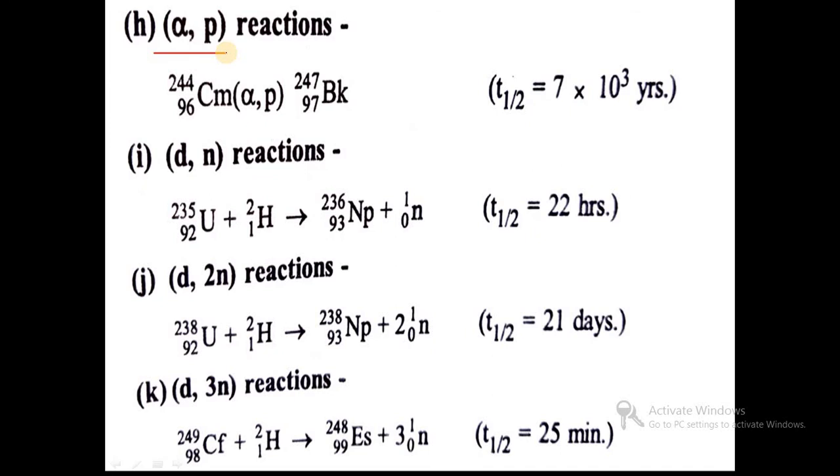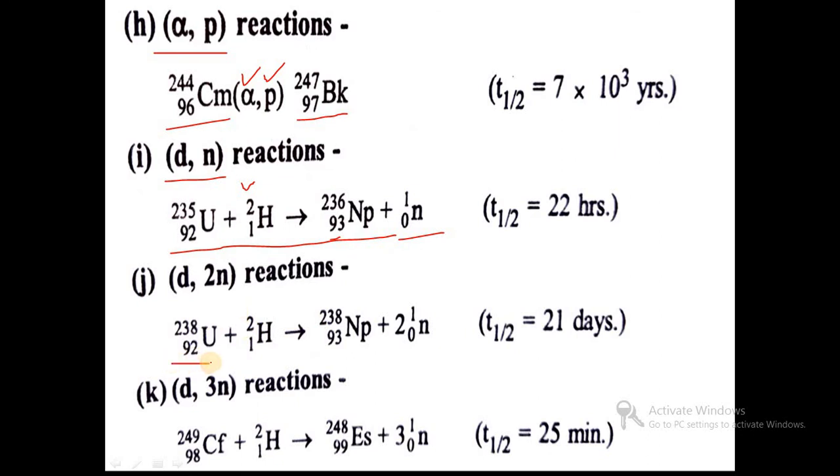Then alpha-p reactions: the bombarded particles are alpha particles and the ejectile is a proton. So here curium 96-244 is converted into berkelium 97-247. Then the deuteron-n reaction: when uranium 92-235 is bombarded by deuterons, we get neptunium and neutrons.